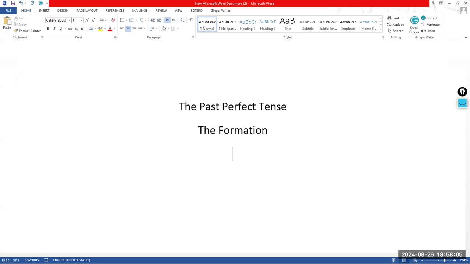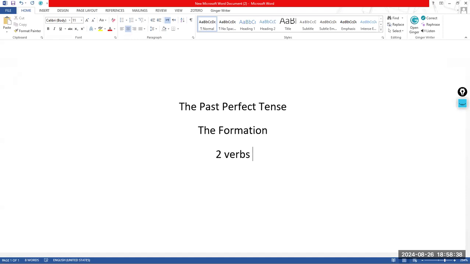Absolutely, guys. There is something I have to know, you have to know, and I have to repeat because I know that I told you this information before, and let me tell you this information again and over again. Don't forget that all tenses in the English language have two verbs, except for two tenses, the simple present tense and the simple past tense. Only these two tenses, we have only one verb.